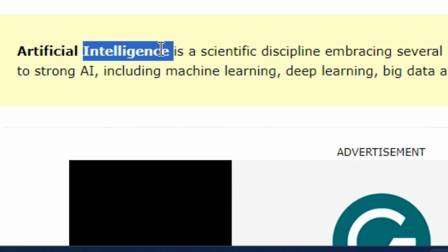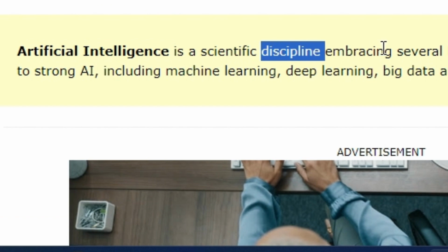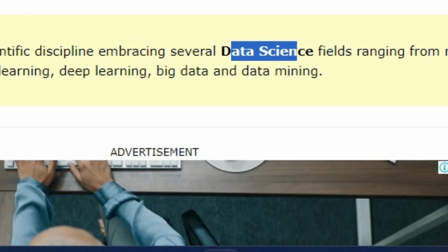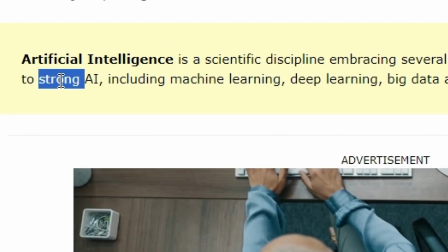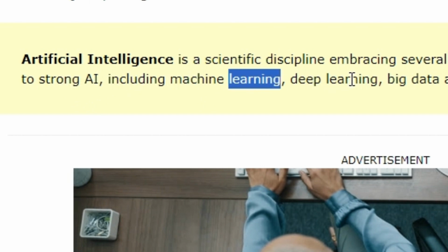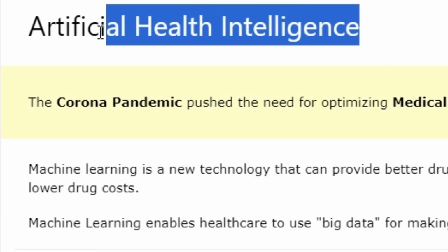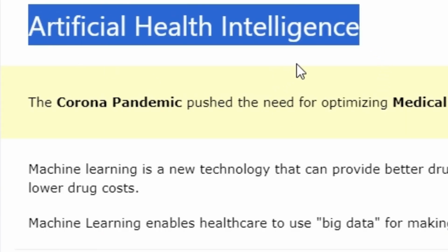Artificial intelligence is a scientific discipline embracing several data science fields ranging from narrow AI to strong AI. We have already understood what is narrow AI and what is strong AI, including machine learning, deep learning, big data, and data mining.